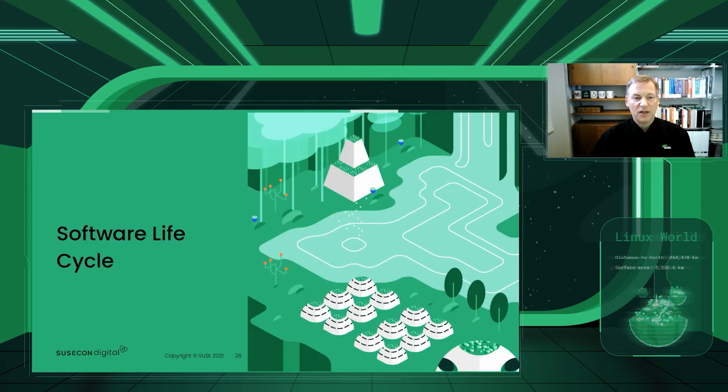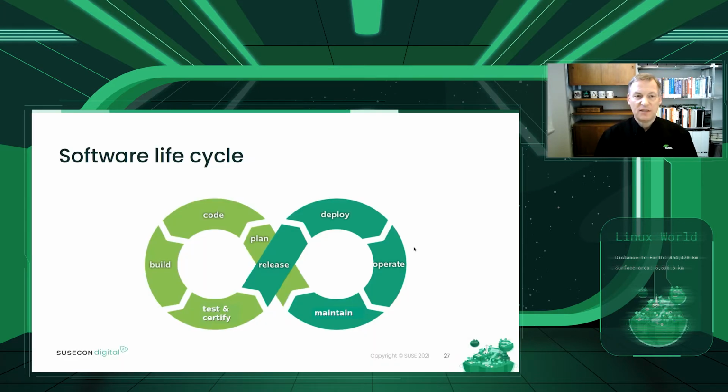After the information about security, we look into the software lifecycle. You all have seen this software lifecycle very often in DevOps environments, but it also applies to most types of software, even if the software might not be developed in a DevOps model. We have here the constant flow of planning, coding, building, testing, releasing, deploying, operating, maintaining, and then it goes back to plan.